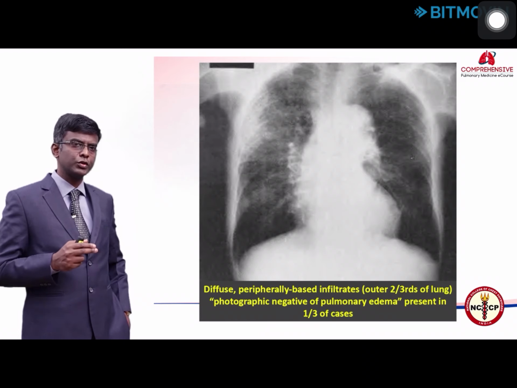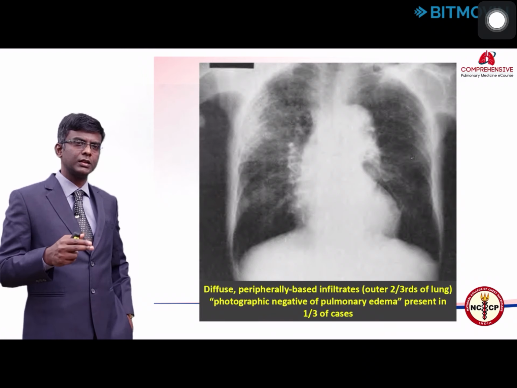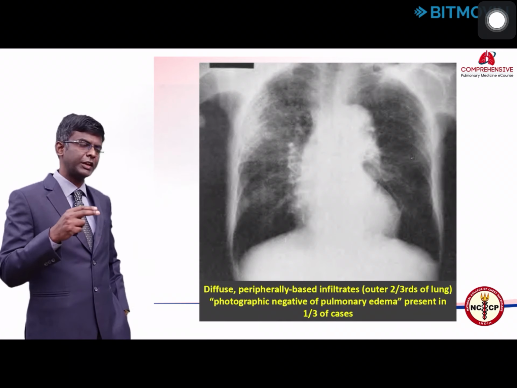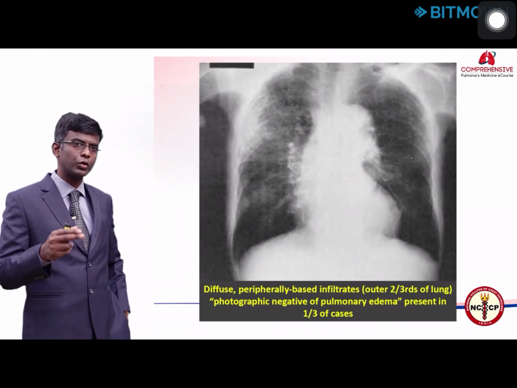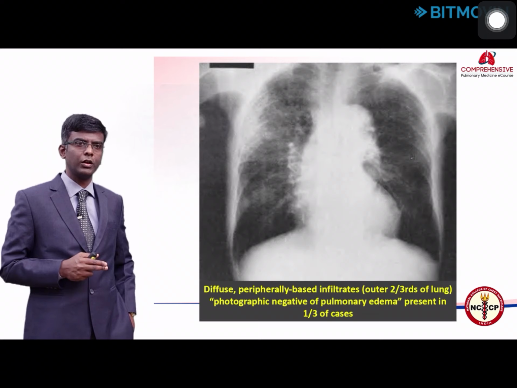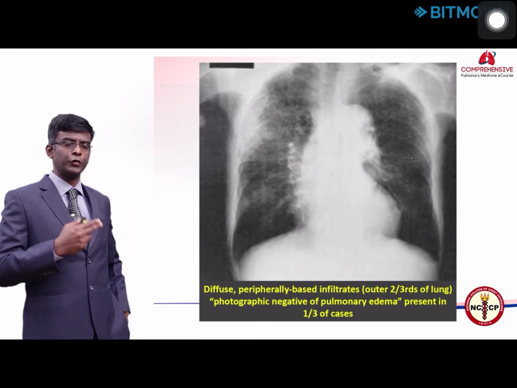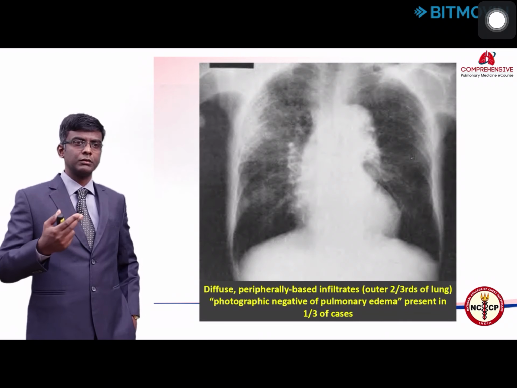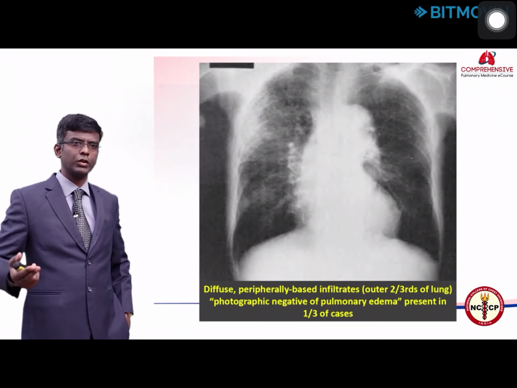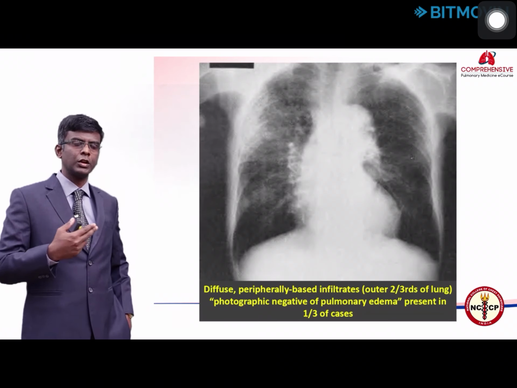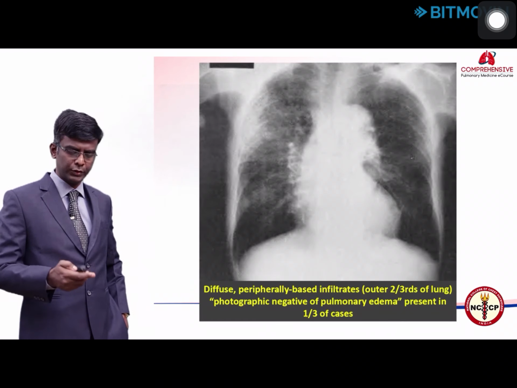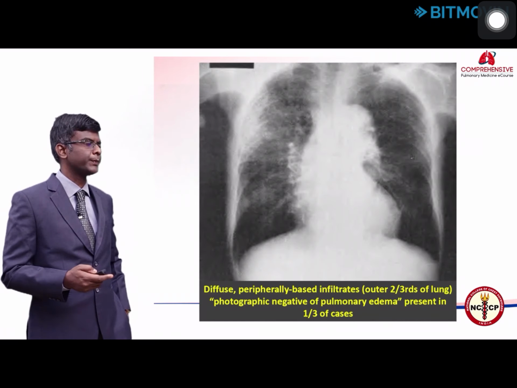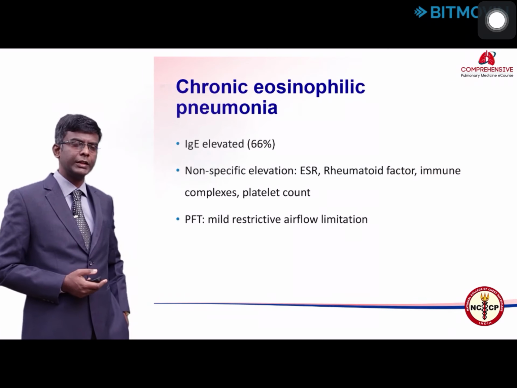And it is important to note that this typical picture of photographic negative pulmonary edema is found in less than 1/3 of the patients. So, if your patient does not have this typical X-ray picture, don't think that there is some other condition, that chronic eosinophilic pneumonia is ruled out. No, it's not so. IgE is significantly elevated.